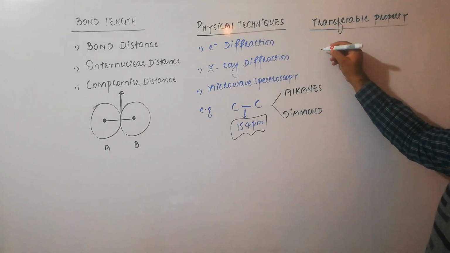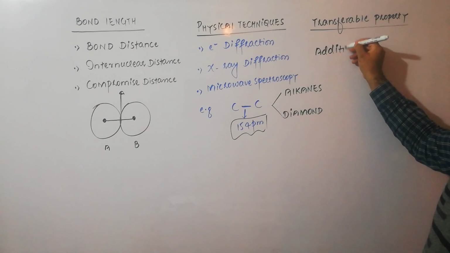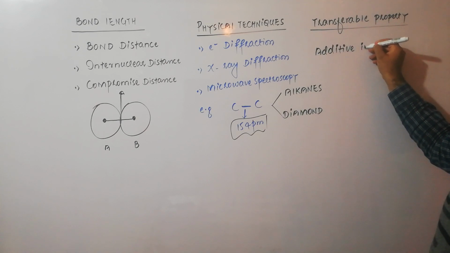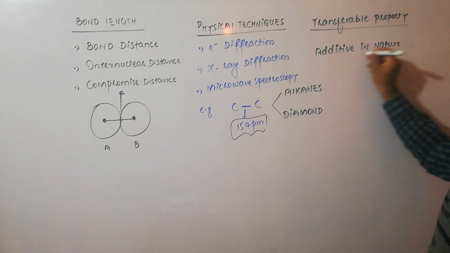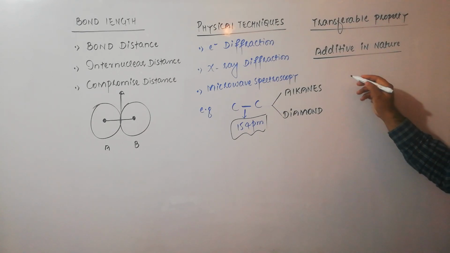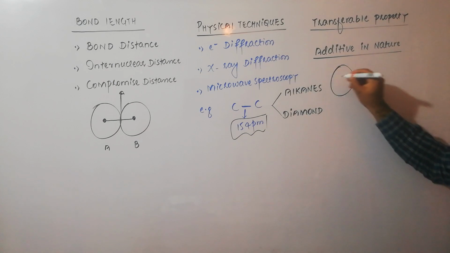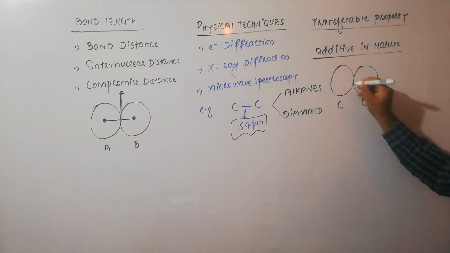Now next, it is additive in nature. What is meant by additive in nature? Suppose that the bond is between a carbon atom and a chlorine atom.